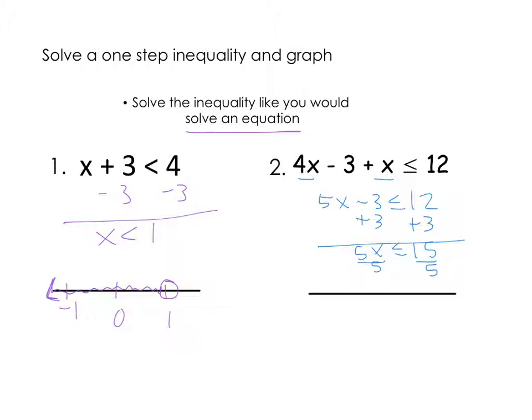So I get x is less than or equal to 3. So when I graph this, 0, -3, and 3, I need to have a closed circle at 3 because it's or equal to, and everything that's less than, I need to shade to the left, draw my arrow, done with number 2.